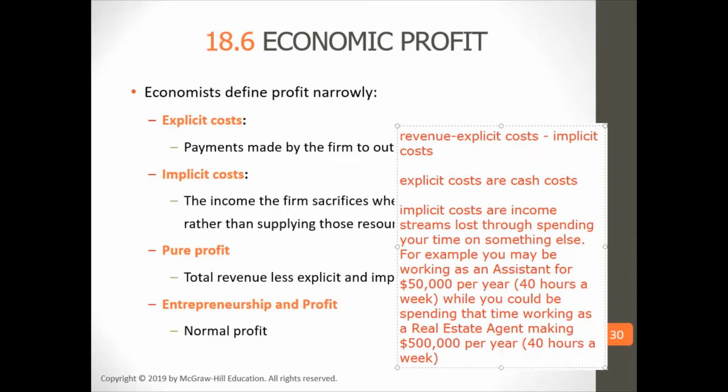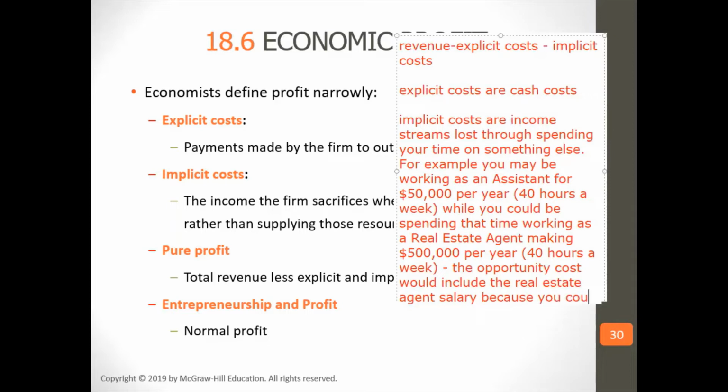So you're sacrificing the $500,000 of income you could make being a real estate agent. So the opportunity costs would include the real estate agent salary, because you could be making $500,000 per year as a realtor instead of spending your time as an assistant.